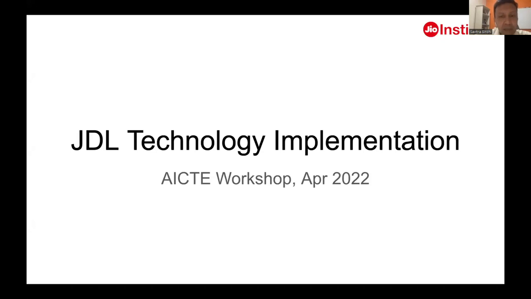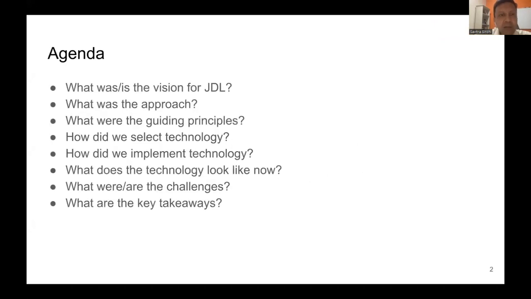Now, the JDL technology is a bit different from what we find in general in Indian libraries, because the vision for Geo Institute and the Geo Institute library is to create a world-class library, and we benchmarked our library and our technology to what we find in the top Western universities.